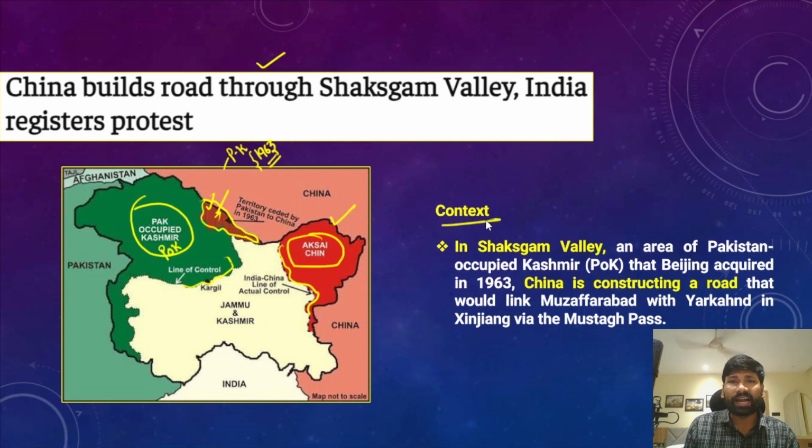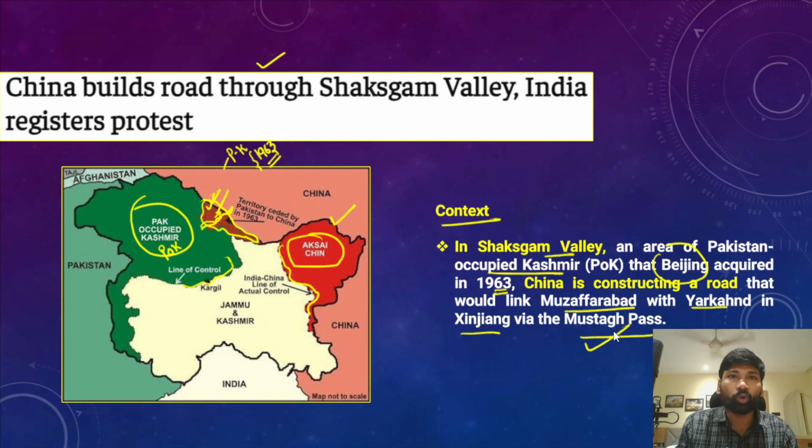The context is that this Shaksgam Valley that I have highlighted here is an area of Pakistan occupied Kashmir that Beijing acquired in 1963, and now China has been constructing a road that would link Muzaffarabad in Pakistan occupied Kashmir with Yarkand in Xinjiang via the Mustagh Pass.